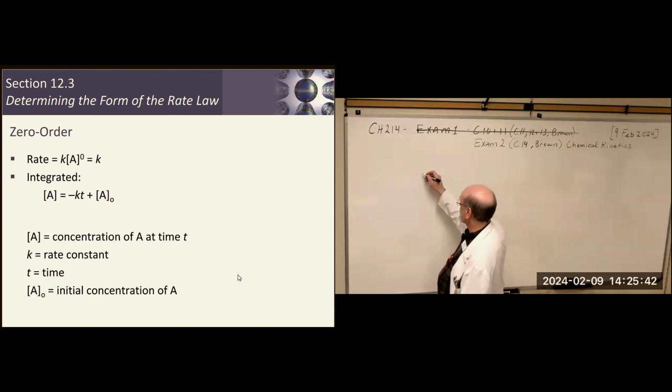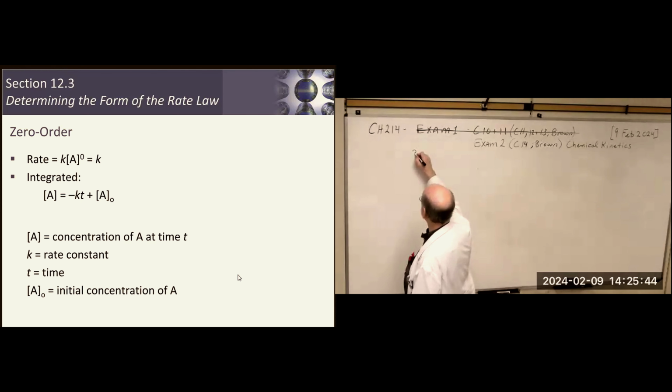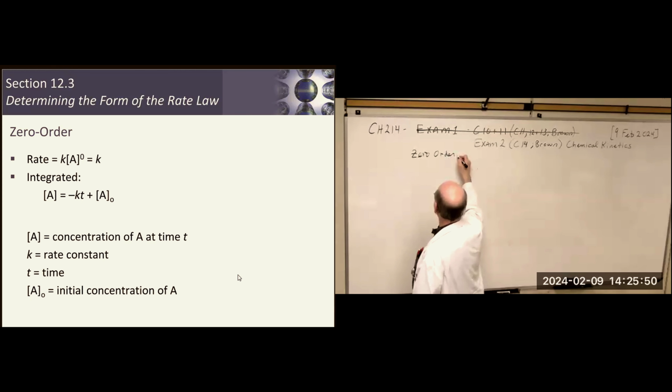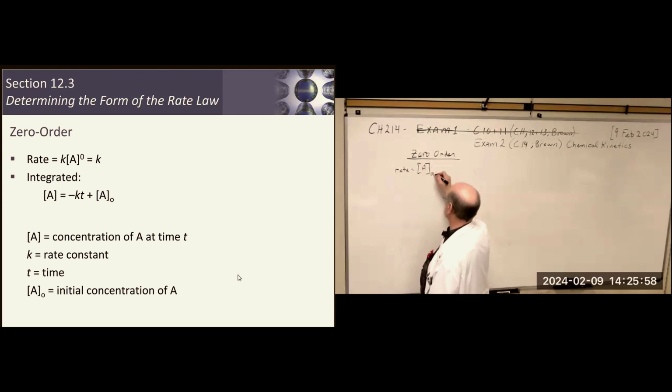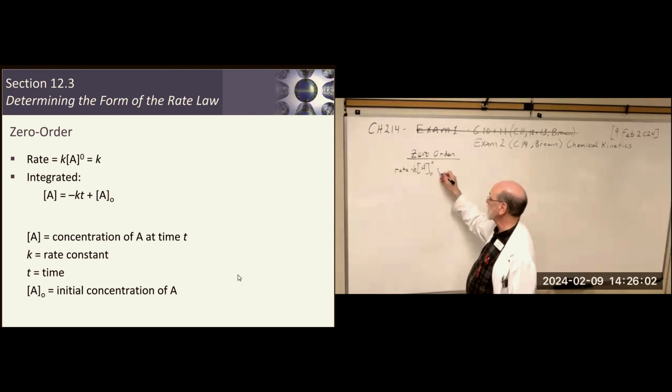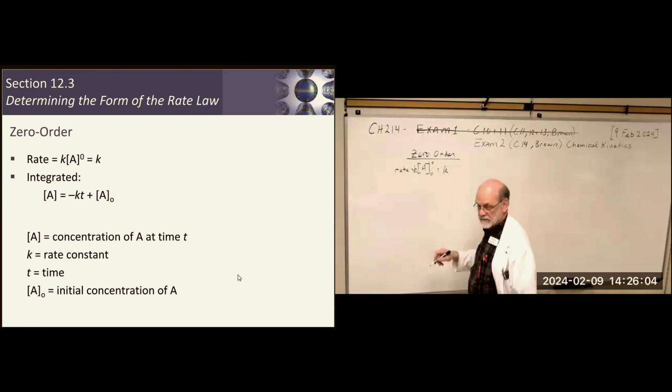So under those conditions, this is 0 order. Under those conditions, then the rate equals, right, whatever our reactant is, 0 to the 0 power. There's a rate constant. So that means the rate is equal to a constant.